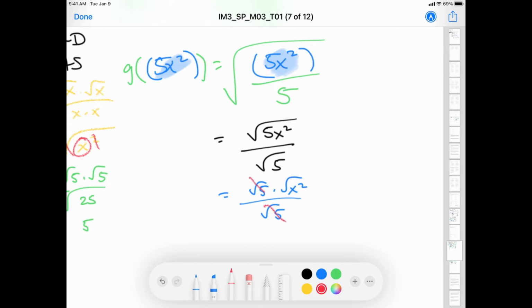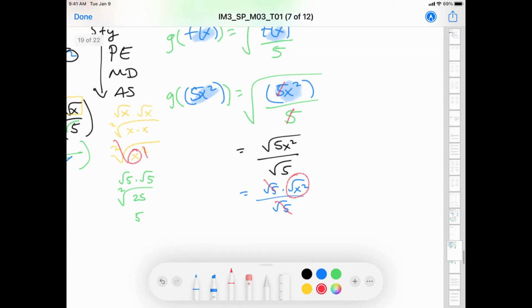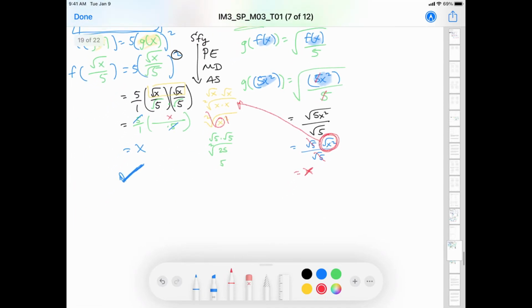Another way you can see that is up here, you can cancel out those 5s if you wanted to as well. And this one we did over here, which is just x. So right here, this one is just x. So if they're both equal to x, then they are what? Inverses.